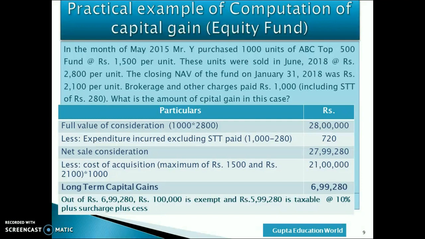These units were sold in June 2018 at the rate of Rs 2800 per unit. The closing NAV of the fund on January 31, 2018 was Rs 2100 per unit. Brokerage and other charges paid Rs 1000 including STT of Rs 280. Now you have to compute the capital gain in this case.